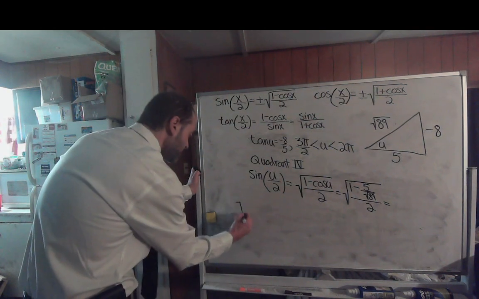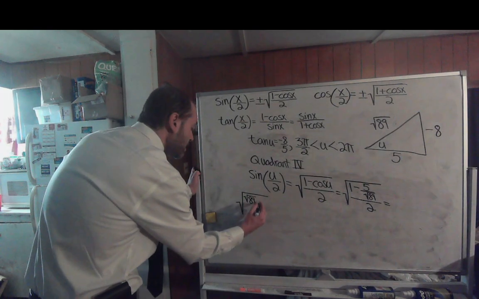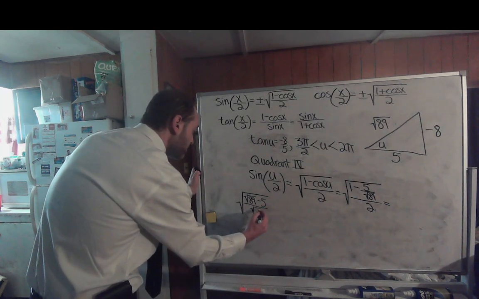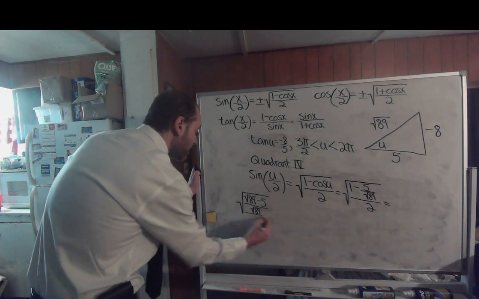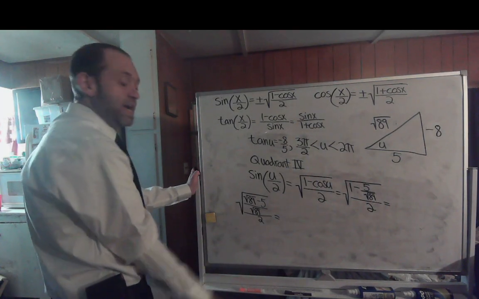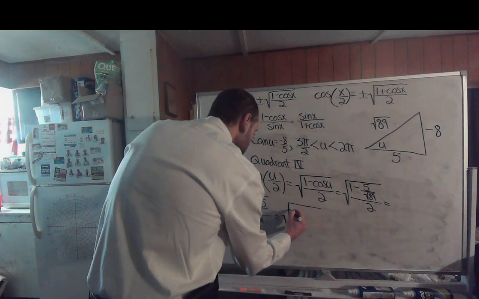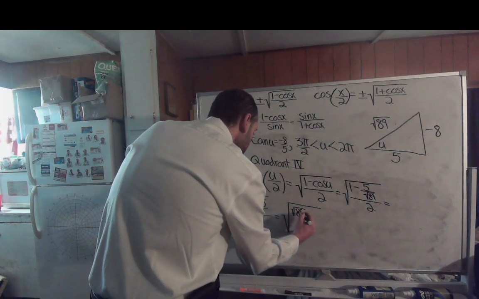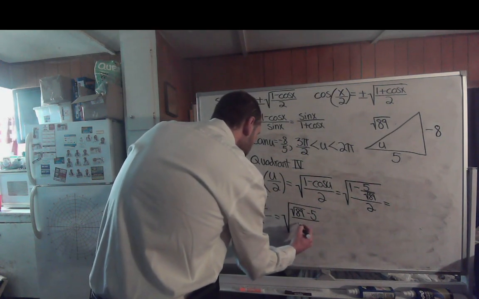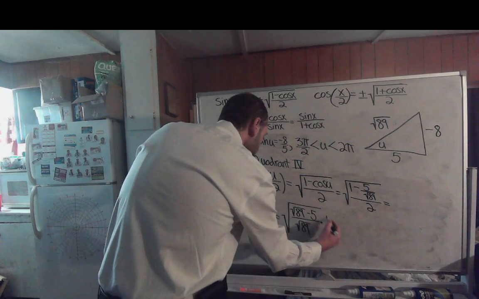So that's going to equal the square root of ((89 minus 5) all over the square root of 89), all that all over 2 under the radical. Now let's deal with the complex fraction. You'll get the square root of (89 minus 5) all over the square root of 89 times 1 over 2.